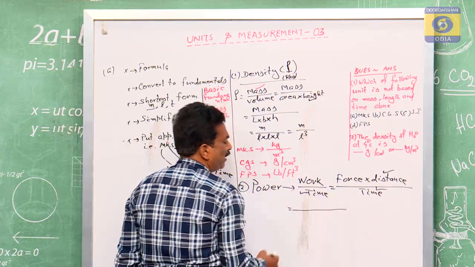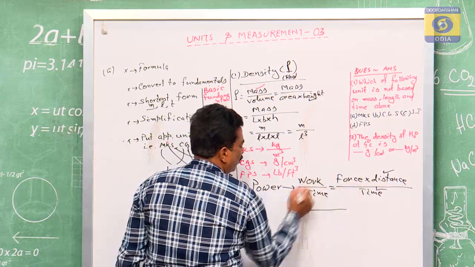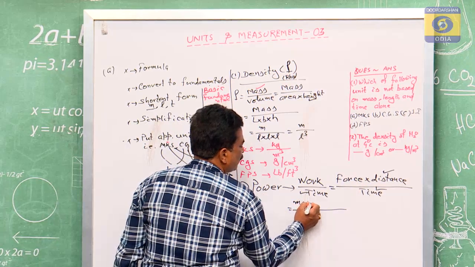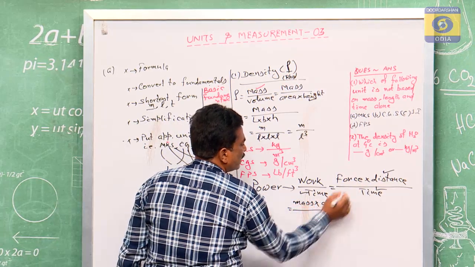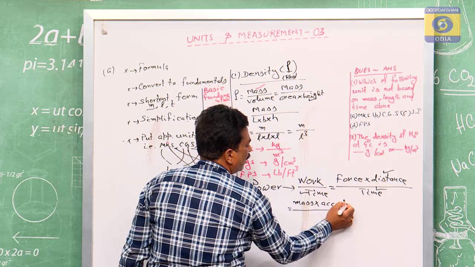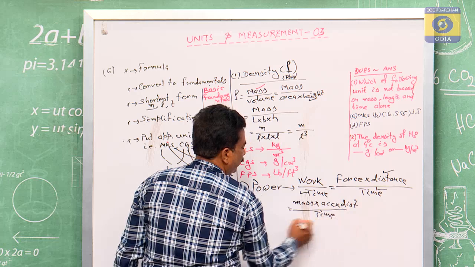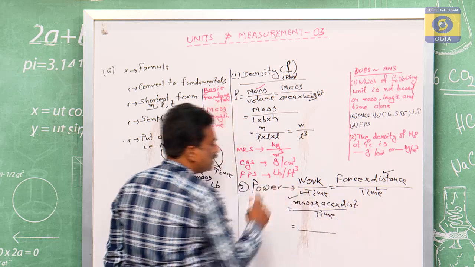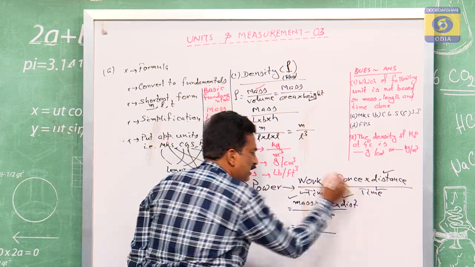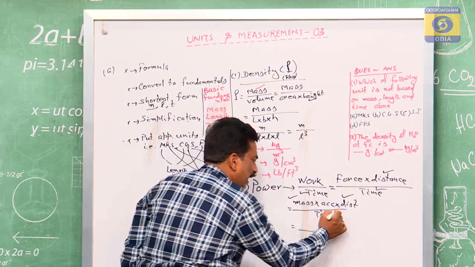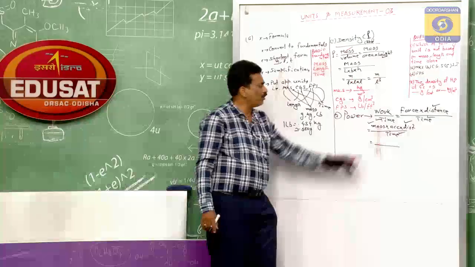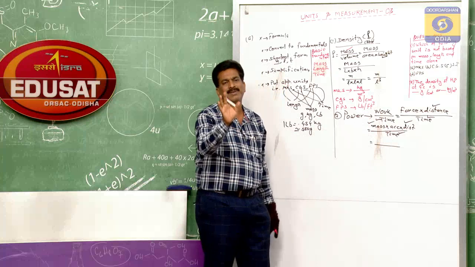Again you write the formula: force is equal to mass into acceleration, and acceleration is distance by time. You see, mass is again fundamental, distance is a basic fundamental, time is a basic fundamental. Only acceleration is not a basic fundamental.